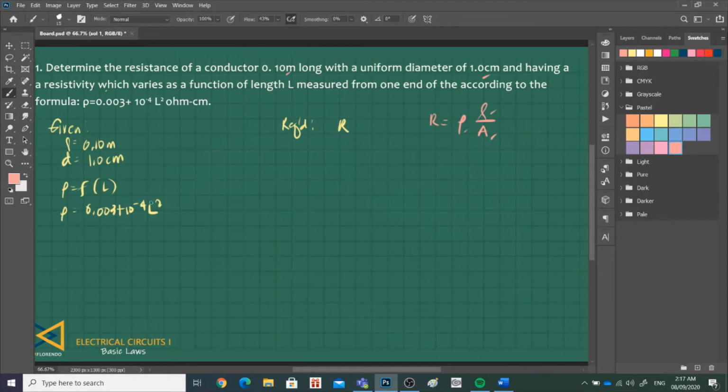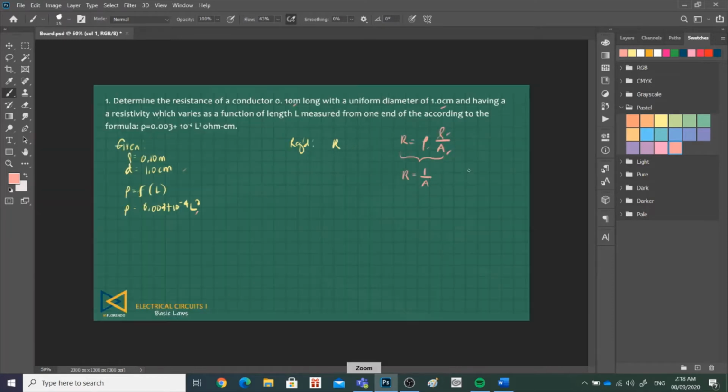But since ang resistivity natin is a function of L, nakalagay naman dito that L is measured from one end. So, ito yung magiging basihan natin ng limit. Okay. So, i-improve natin yung ating equation that R, constant kasi or fixed yung ating diameter. So, doon na magbabase ang area. So, i-set aside na natin dito yung formula ng area.